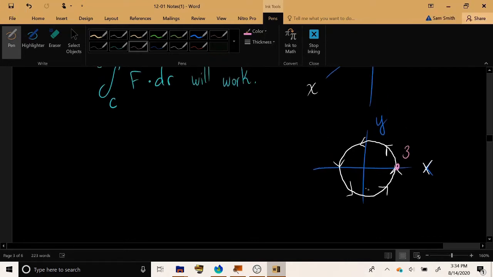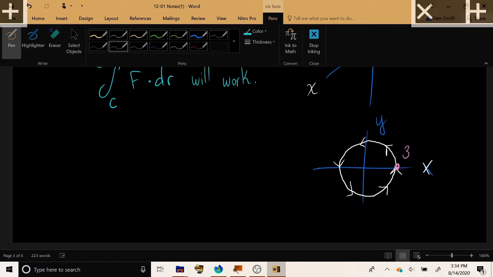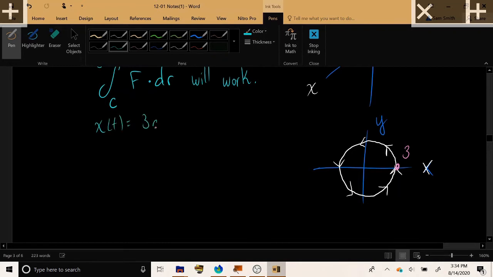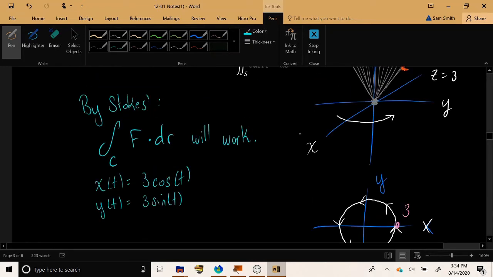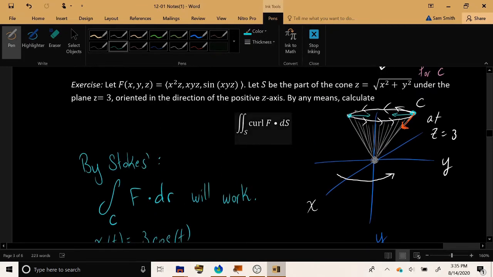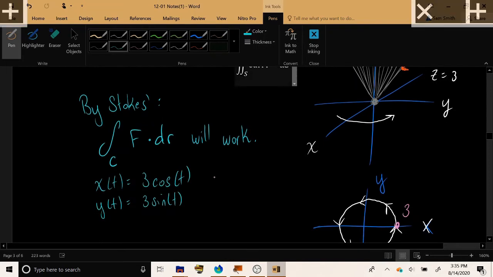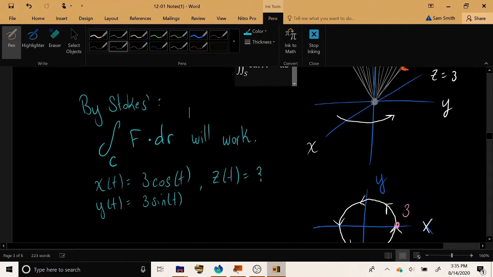So a counterclockwise circle of radius 3, we have a nice standard way to parameterize that, which is that x of t can be 3 cosine t, y of t can be 3 sine t, and then let's think about the z coordinate. Now for every single point on this curve, the z is constant at a level of 3, and so the z parameter can be set to a constant value of 3 as well.